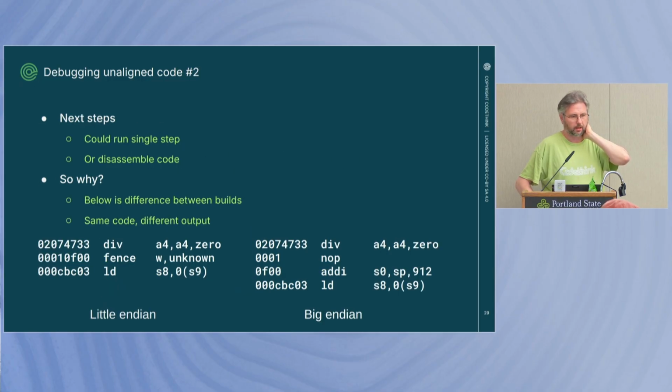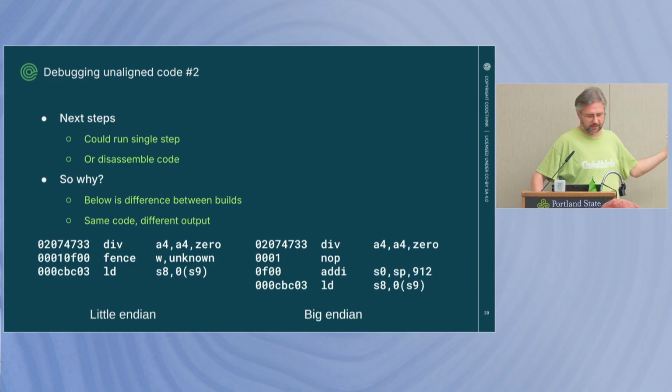So we could just go through and run this single stepping. We disassemble the code. That looks okay. I ended up going, actually, let's do a quick diff of the object between the two compiled versions. Obviously, they should be really similar because it's not doing any I/O code. It's not doing anything weird. And you can probably see at the bottom, same code, different output.